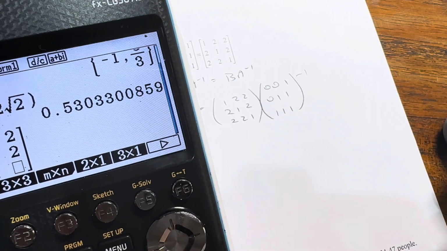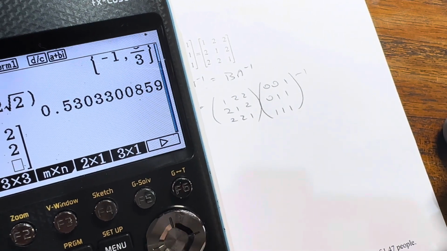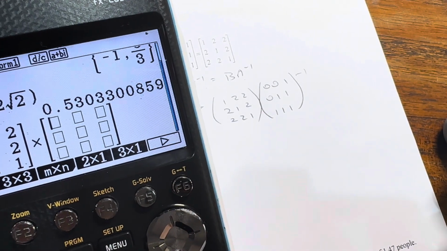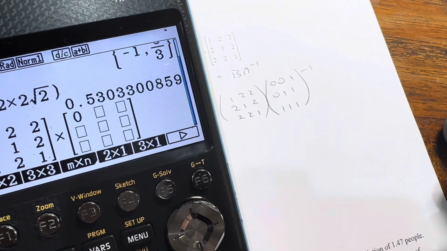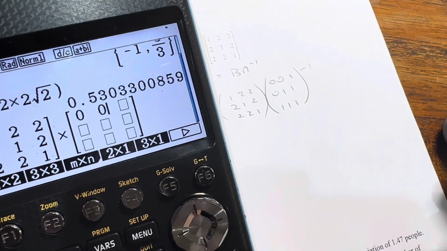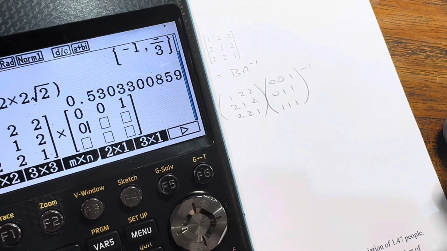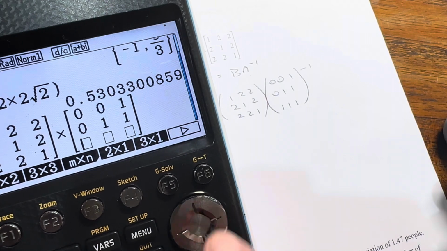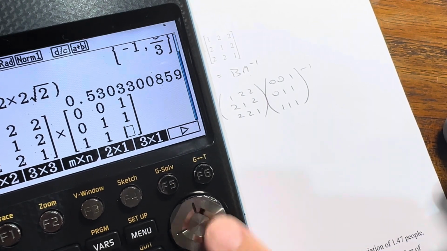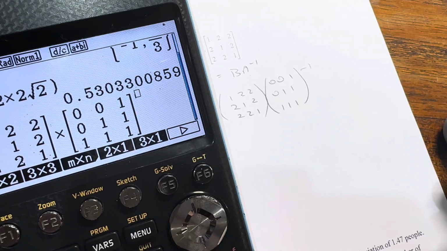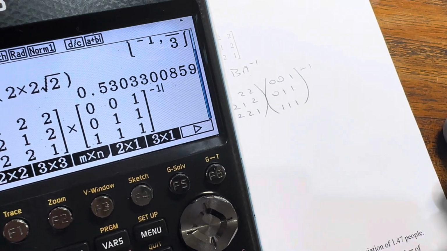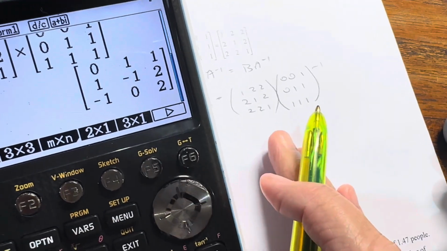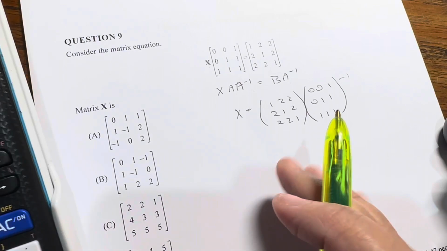You've got to make sure, I'm trying to be as quick as I can putting this in. I'm going to times it by 3 by 3, 0, 0, 1, 0, 1, 1, 1, 1, 1, and then I've got to put that to the -1 because that's my inverse I want. I get 0, 1, 1, 1, -1, 2, -1, 0, 2.